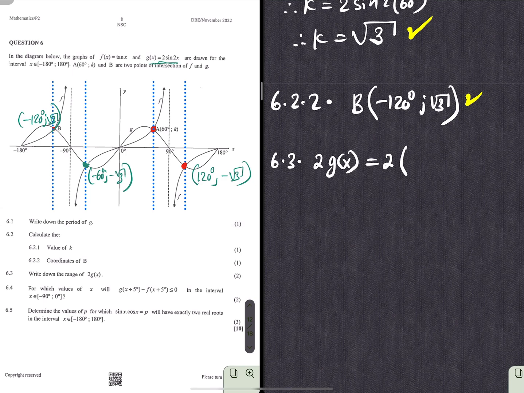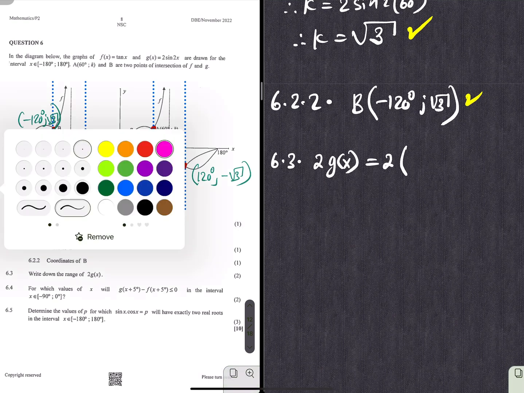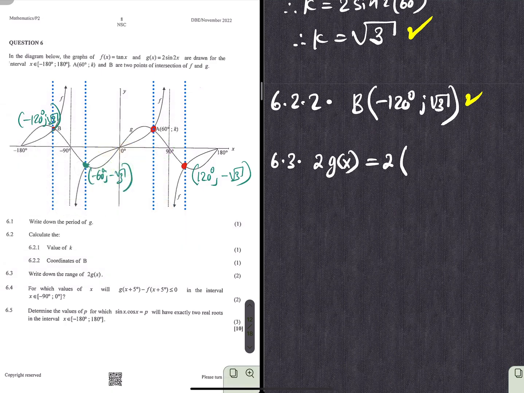Just check something. Your g here is 2 sine of 2x. This means that you're going to get 4 sine of 4x.